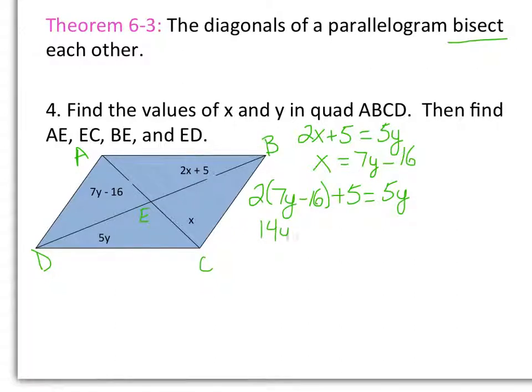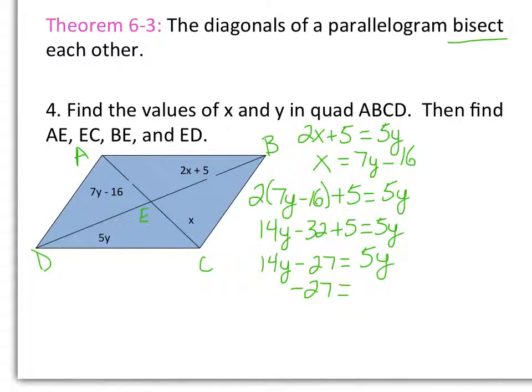So first distributing, we have 14y minus 32 plus 5 equals 5y. Combine like terms, so 14y minus 27 equals 5y. Then subtract 14y, so negative 27 equals negative 9y. And finally divide by negative 9, we get that y is 3.